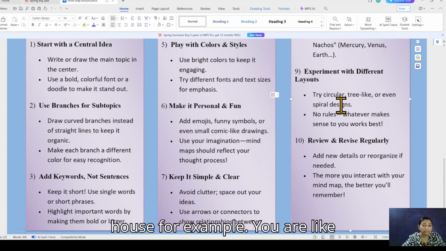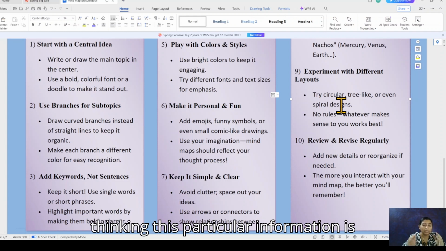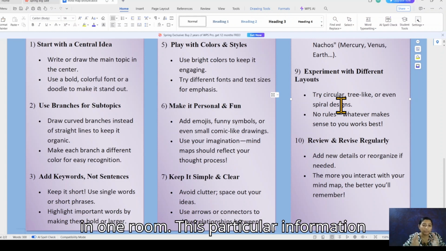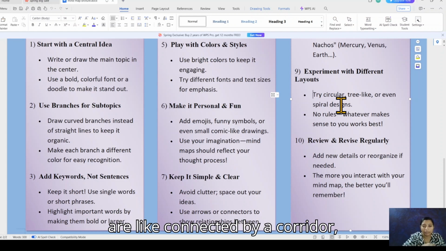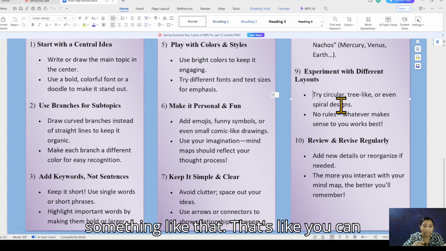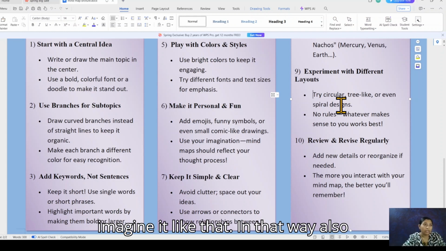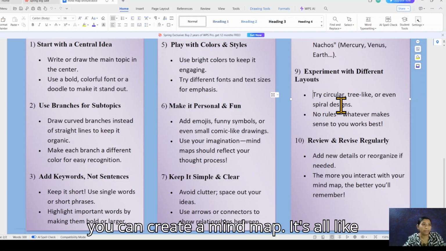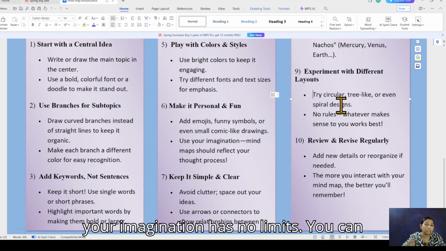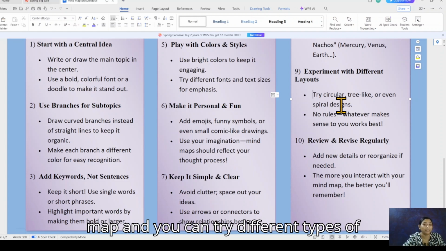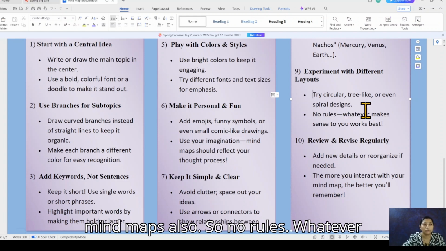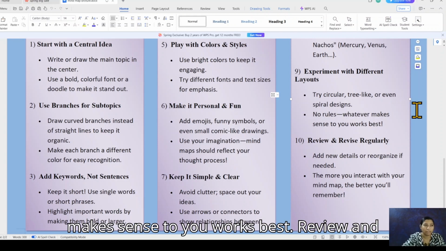For example, this particular information is in one room, this particular information is in another room, and these two pieces of information are connected by a corridor. You can imagine it like that. In that way, also, you can create a mind map. Your imagination has no limits. You can apply all your imagination in a mind map, and you can try different types of mind maps also. So, no rules. Whatever makes sense to you works best.